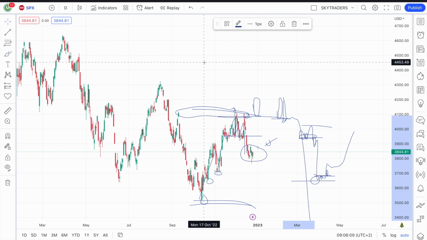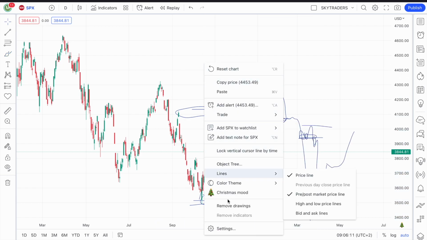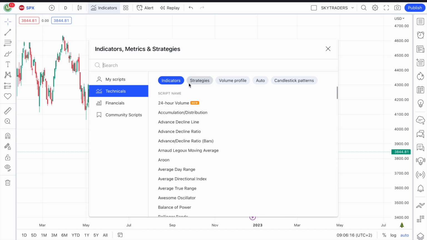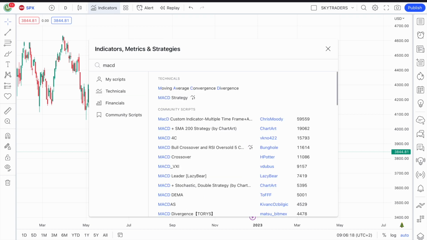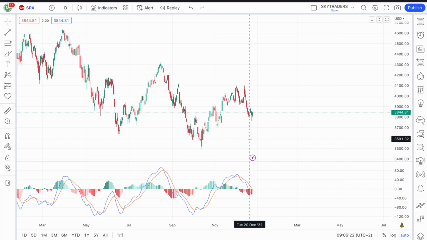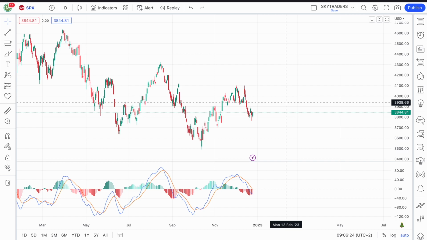Also, for those who like to combine this with indicators, for example the MACD indicator, the moving average convergence divergence, we also discussed this in our trading course in the academy, how you can combine technical indicators in your trading strategy, not to take decisions, because I'm not a big fan of indicators and chart patterns.